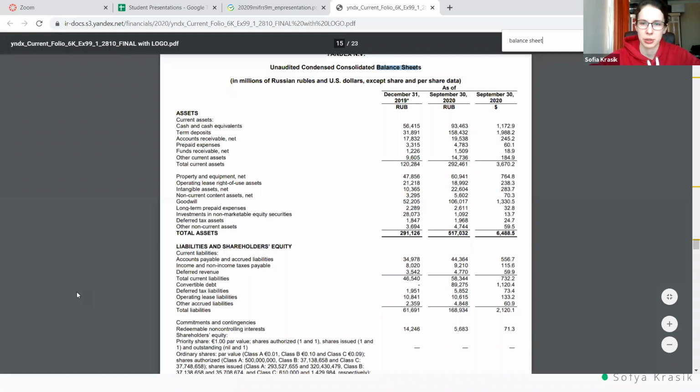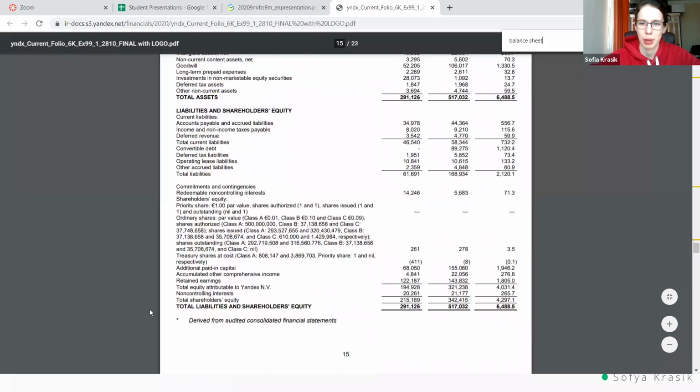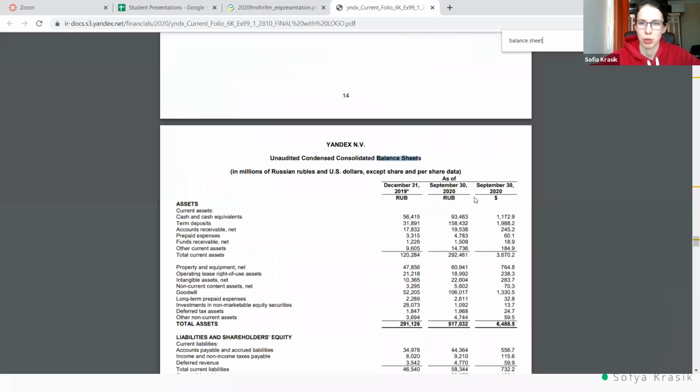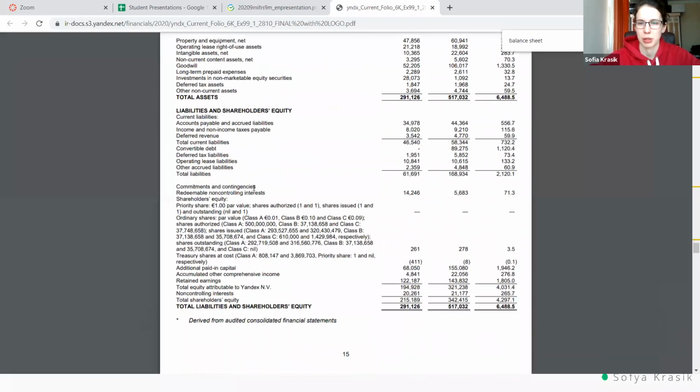And please type in the chat if you can find what is the value of shareholders' equity. So let's look at this column, because it's in US dollars, it would be easier to compare with this market capitalization.